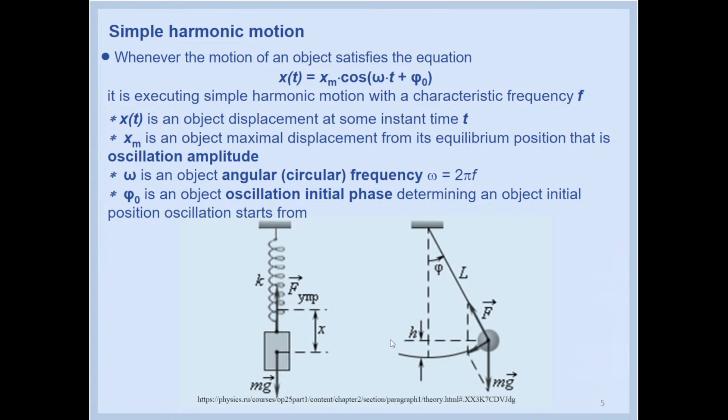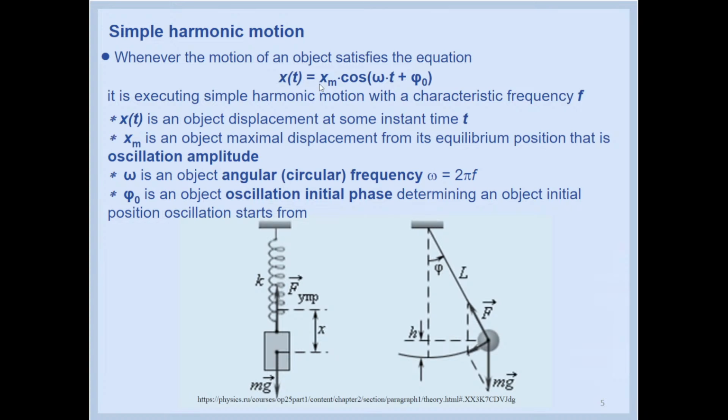So how can we quantify and describe these kinds of motion? By this dependence of the coordinate on time. This becomes the equation of motion, and you can see it includes parameters of that kind of motion.